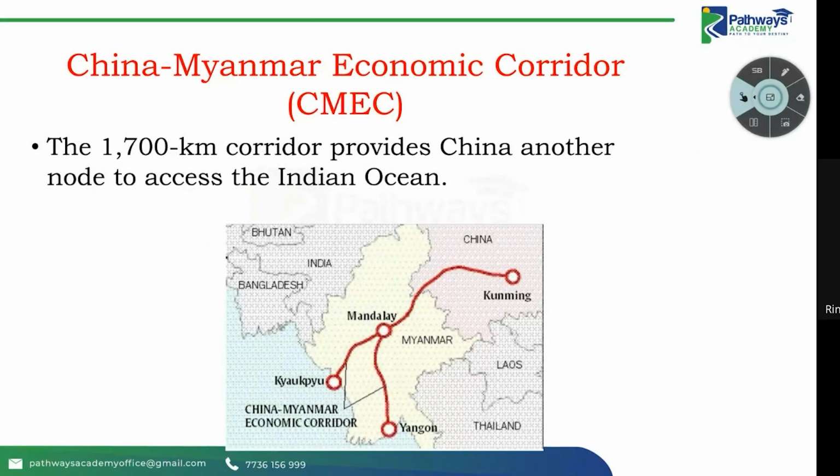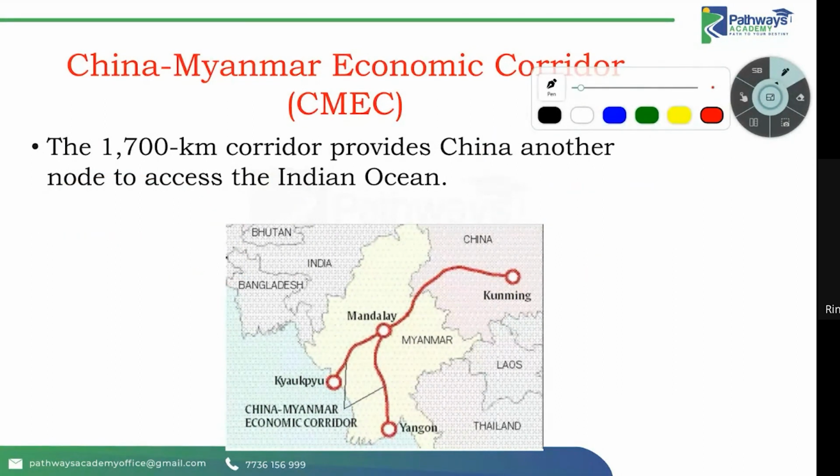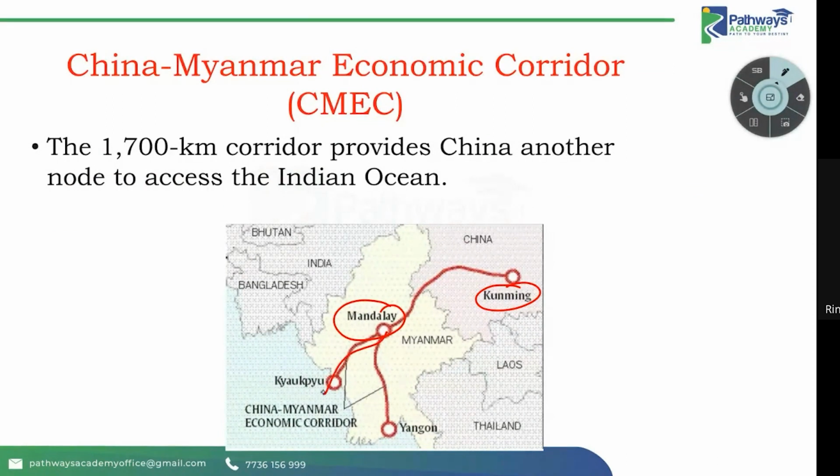Last corridor, the China-Myanmar Economic Corridor. Actually, this is a corridor planned by China to get more access to the Indian Ocean. In this corridor, China is planning to connect Kunming to Mandalay.